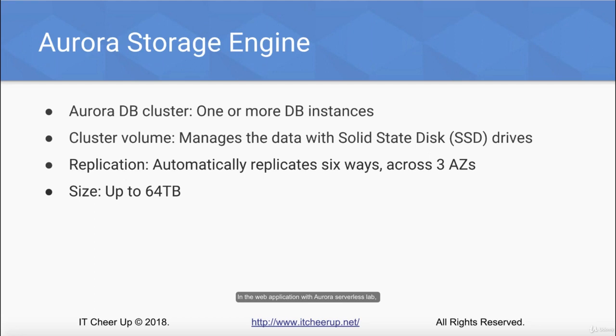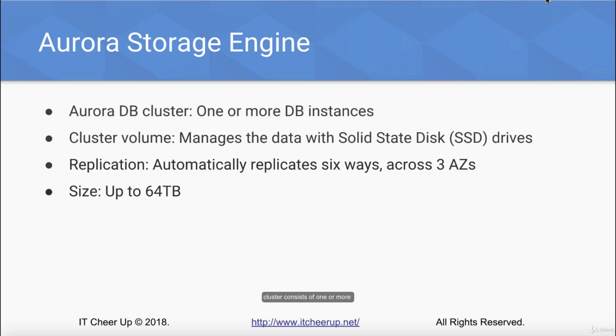In the web application with Aurora Serverless Database lab, we didn't need to select any DB instance type or set up an allocated storage size, because Aurora uses a different storage engine than other DB engines in RDS. In the RDS console, you will see instances and clusters.